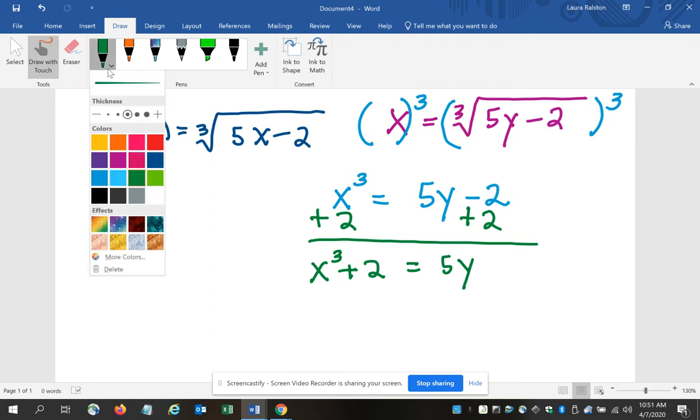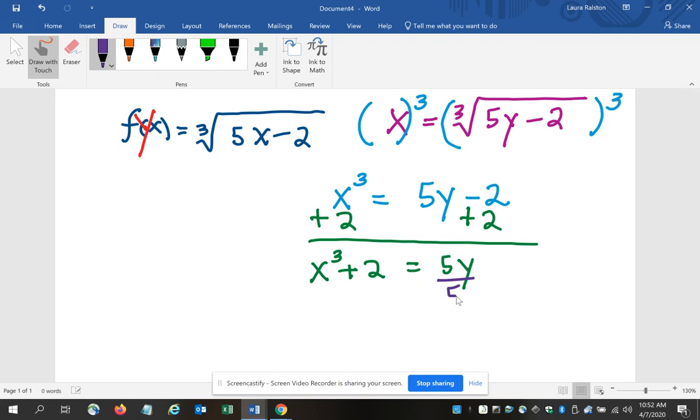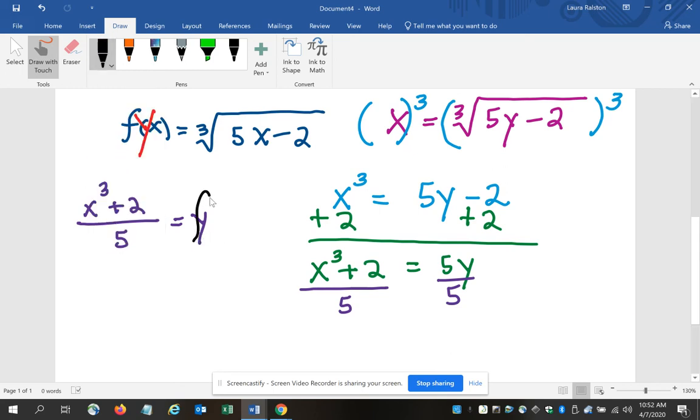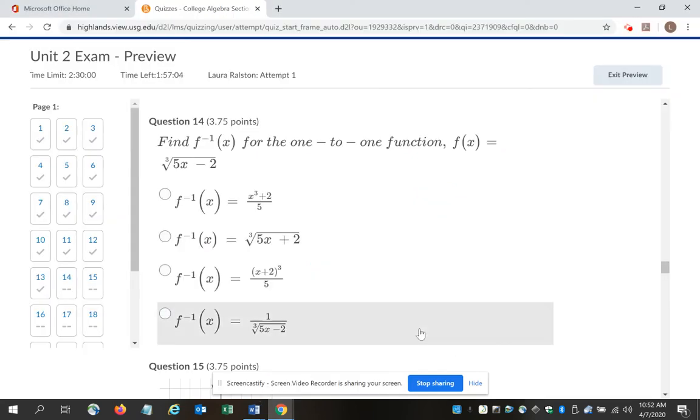But I don't want 5y. I just want plain old y. So I'm going to divide both sides by 5 so that I have x cubed plus 2 all divided by 5 equals y. But remember that y, once you solve for y, represents f inverse. So we need x cubed plus 2 all divided by 5.